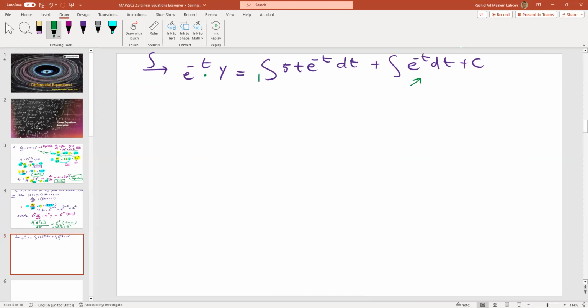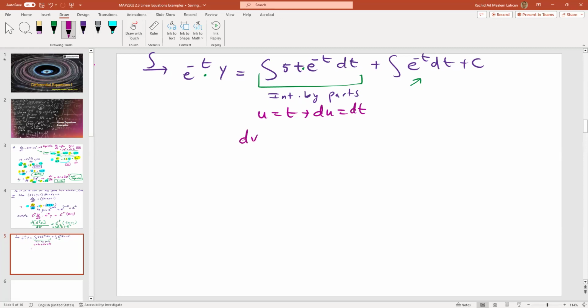So this we need to check. And since we have t times e to negative t, that means integration by parts. Integration by parts. Right. So let's say u is t, which means du is dt.